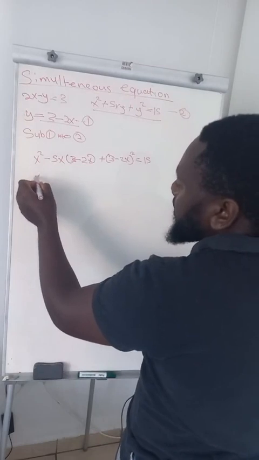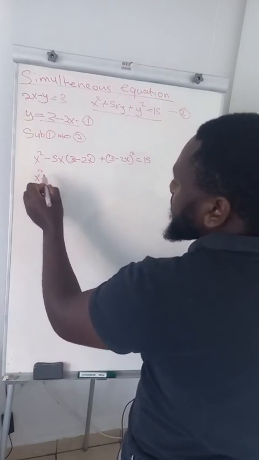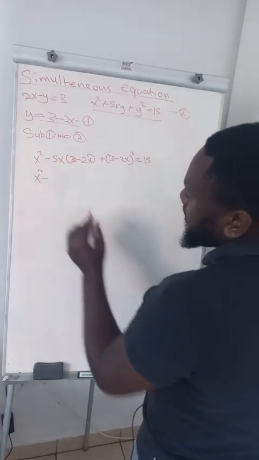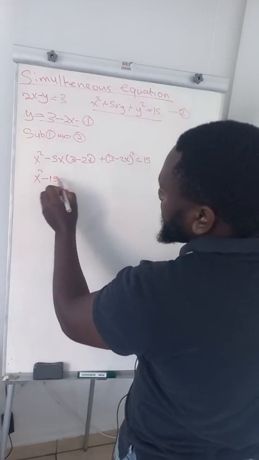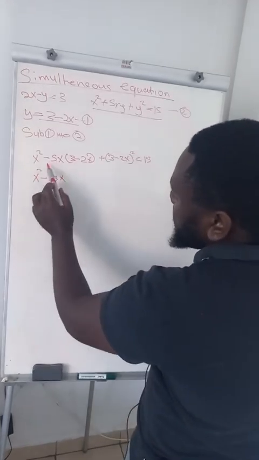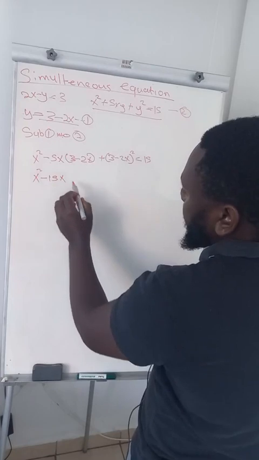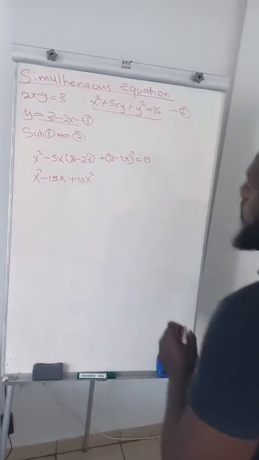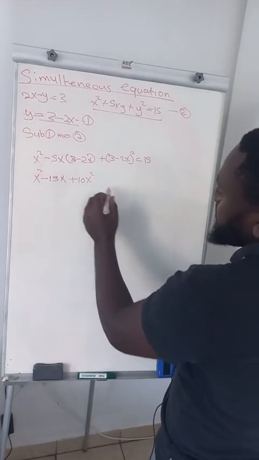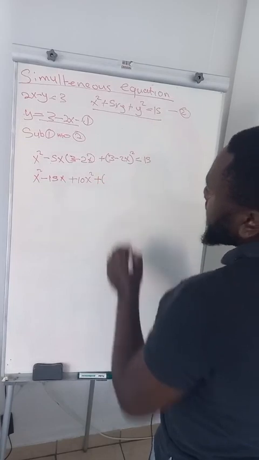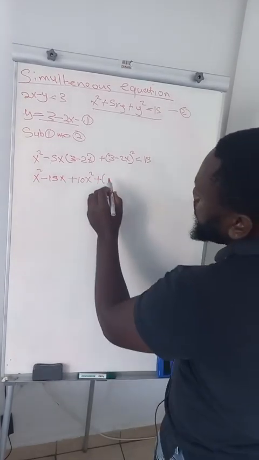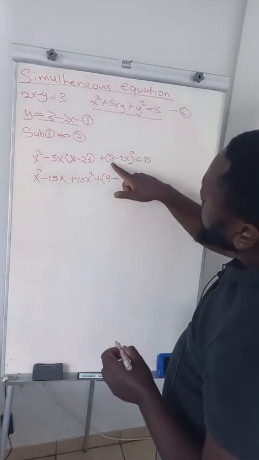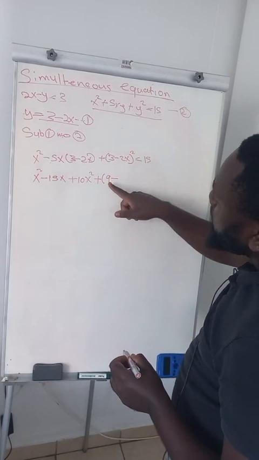Simplifying, it means we'll have x squared, then 5x multiplied by 3, it means you get 15x. Now, 5 multiplied by negative 2, you get a negative 10x squared. Now, when you're simplifying this, it means you'll have plus here, what you're going to get in the brackets will be 9 minus, you're going to say this is 3 to the power of 2, you get a 9.